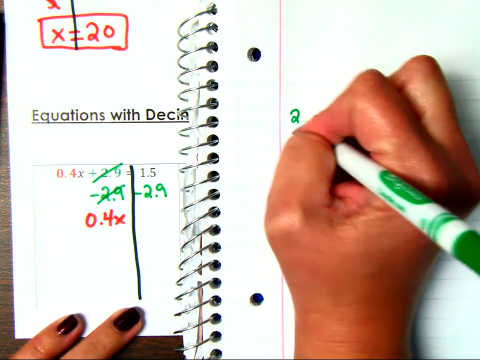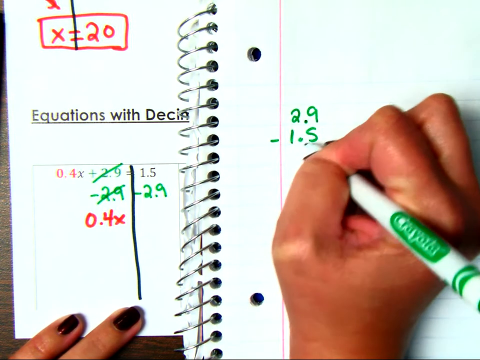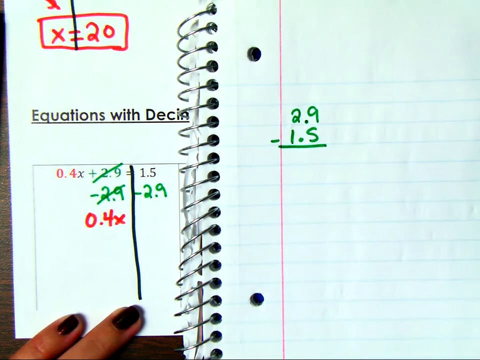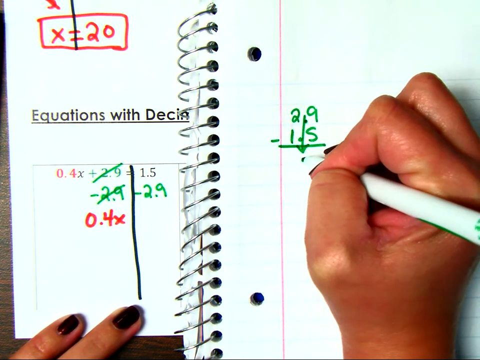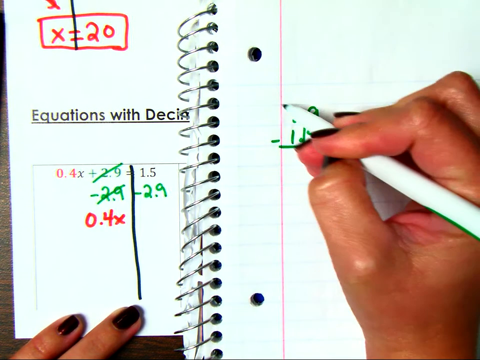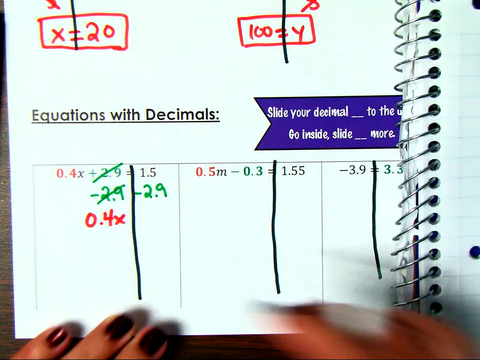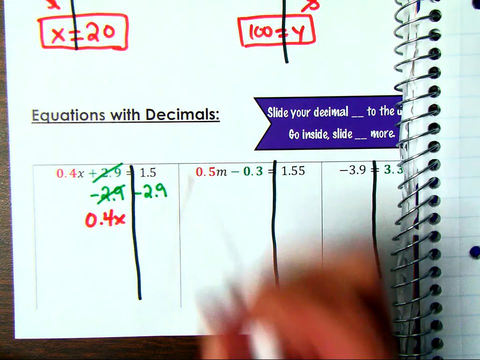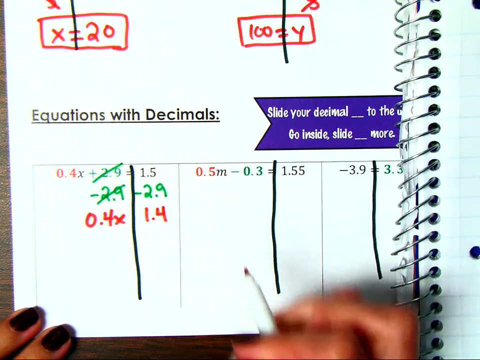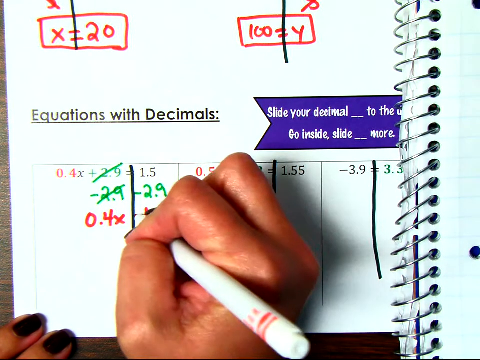So if I have 2 9/10 and I need to take away 1 5/10, we line up our decimals when we add and subtract. So 9 minus 5 is 4. Bring that decimal down. 2 minus 1 is 1. So that would be 1 4/10 over here on the right. However, there were more negatives, so my answer would be negative.